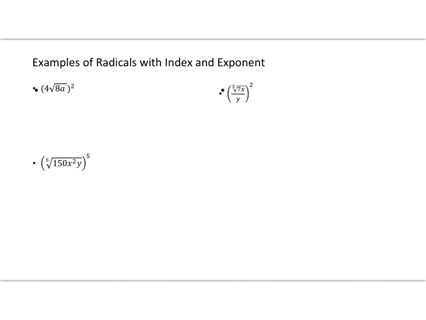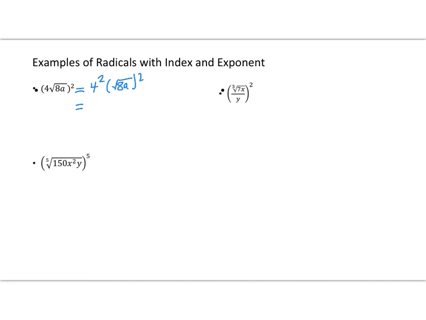So here we're going to do some additional problems with the same ideas of radicals with indexes and exponents. So in the first problem we see 4 raised to the second power, and then we have the square root of 8a squared.